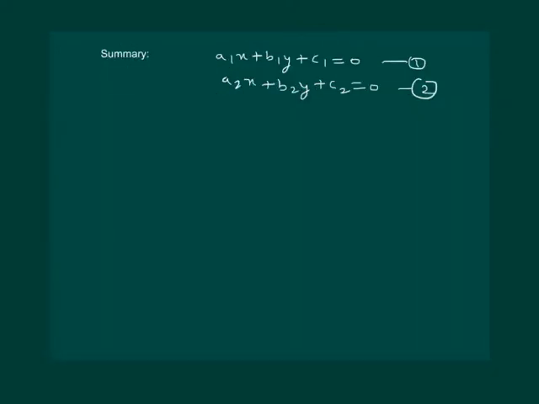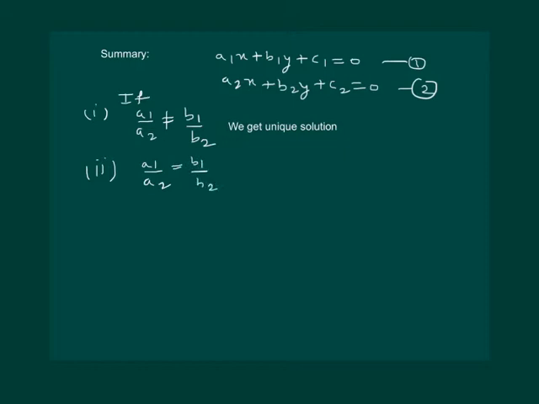Let us summarize. For the given pair of linear equations, equation 1 and 2, if A1 by A2 is not equal to B1 by B2, then the equations have a unique solution. If A1 by A2 equal to B1 by B2, then check for C1 by C2.